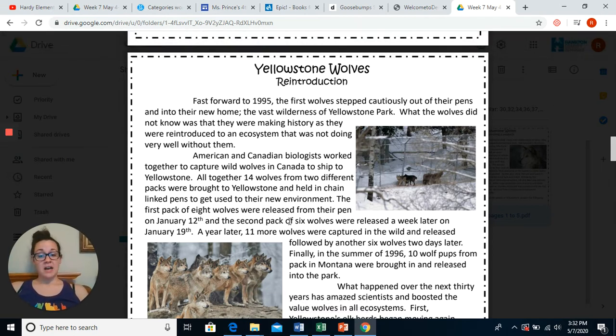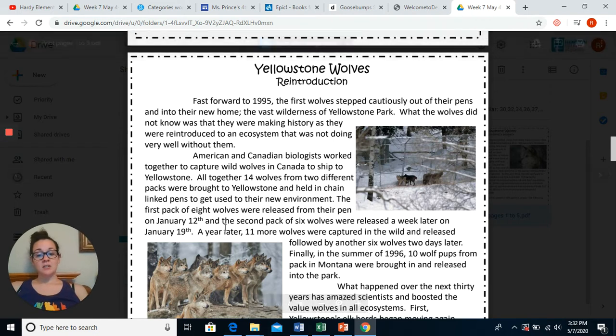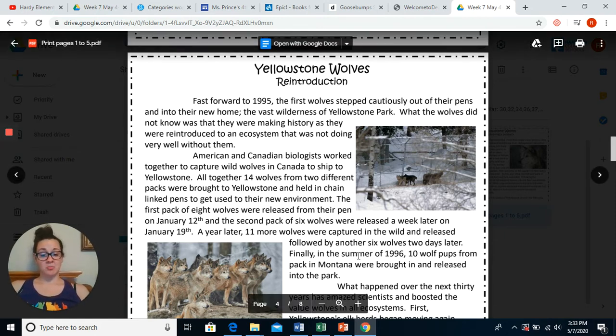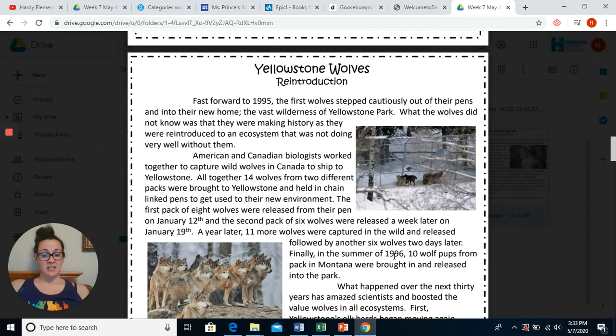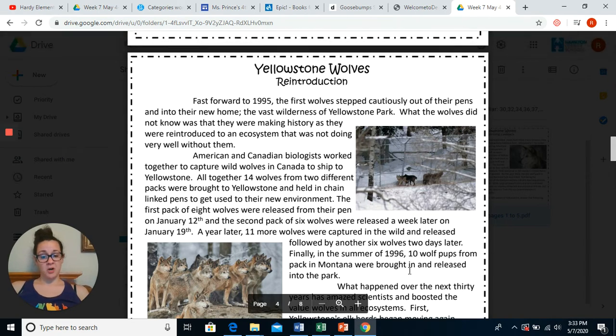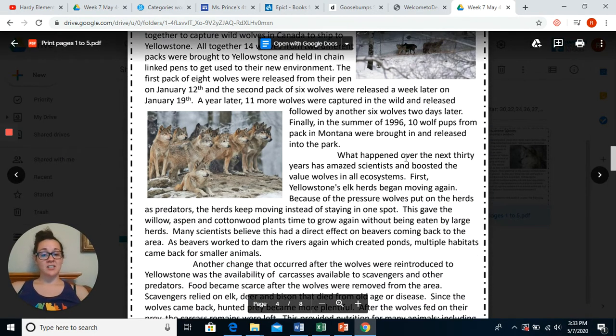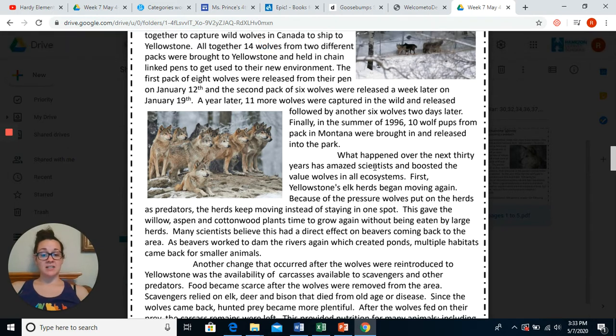The second pack of 6 wolves were released a week later on January 19th. A year later, 11 more wolves were captured in the wild and released, followed by another 6 wolves 2 days later. Finally, in the summer of 1996, 10 wolf pups from a pack in Montana were brought in and released into the park. What happened over the next 30 years has amazed scientists.